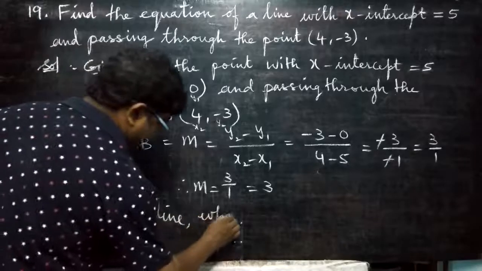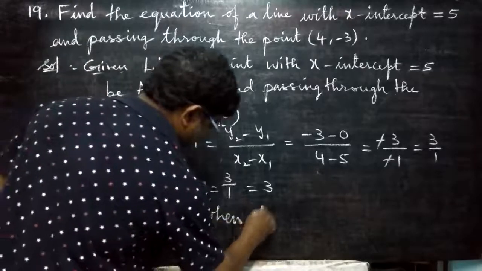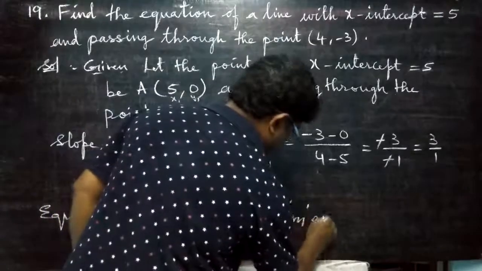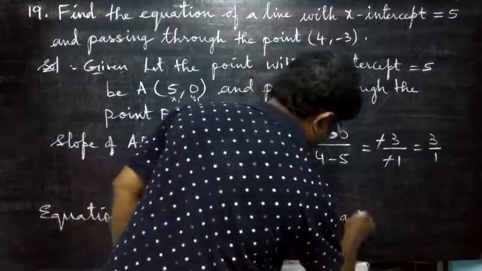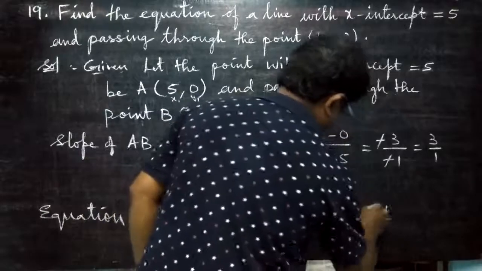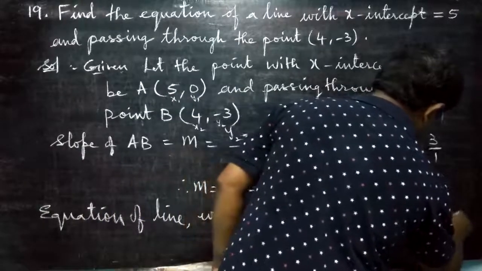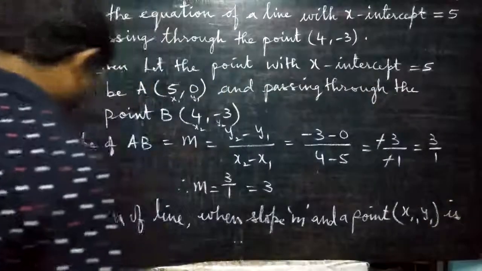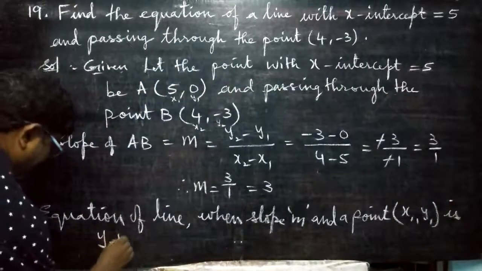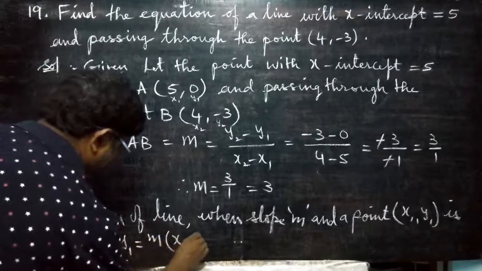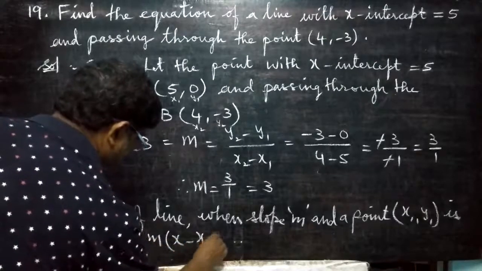When slope m and a point x1 comma y1 are given, what is the formula? y minus y1 is equal to m into x minus x1.